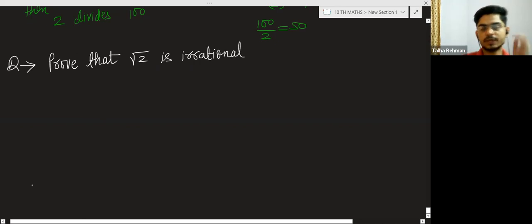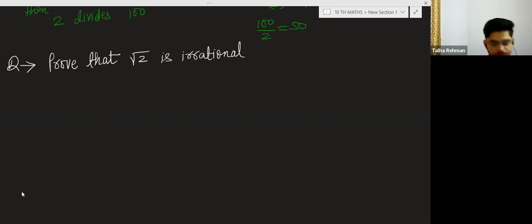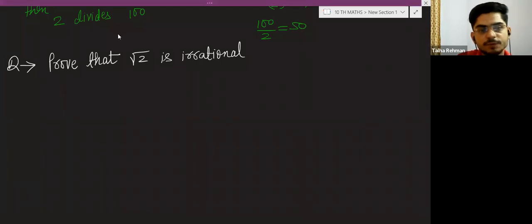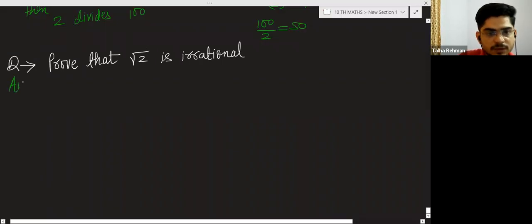We have to prove that root 2 is an irrational number. I have already told you that the root of a prime number is irrational, and this is a question that can appear in your examination.